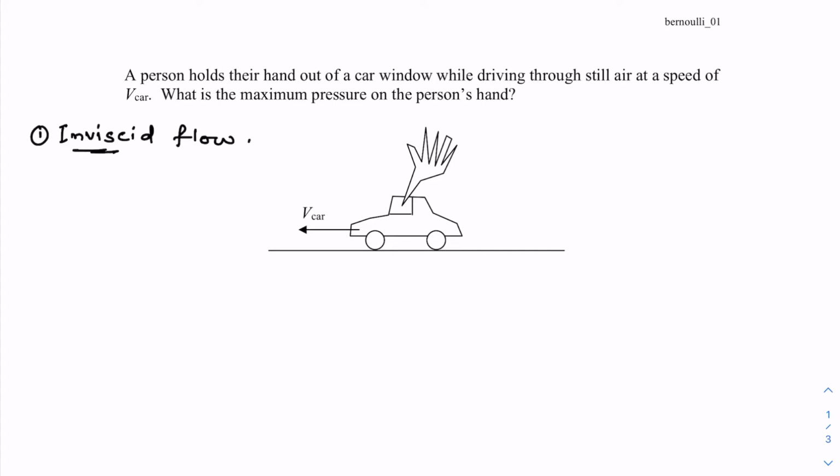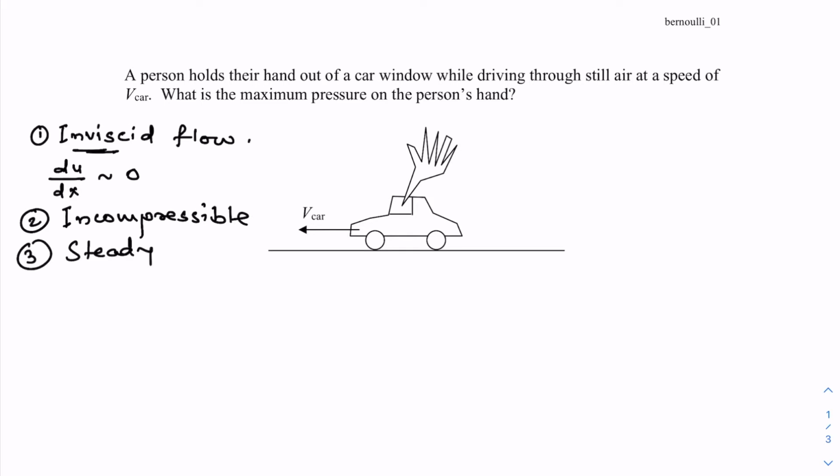So this just means the viscous effects are very small, and one of the ways in which viscous effects will be small is that the velocity gradients are basically negligible. The second assumption is that the fluid is incompressible. The third is steady state. And the fourth is we need to apply Bernoulli equation along a streamline.